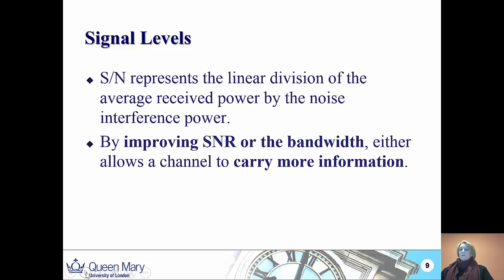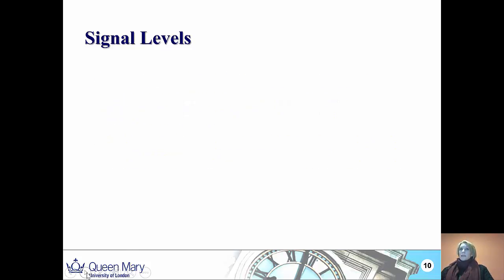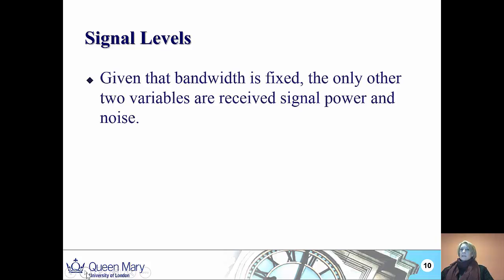So if we reduce the amount of traffic that's lost through noise, a high signal to noise ratio, or we allow the channel to carry more information through increasing the amount of bandwidth, then we can carry more information. But these are normally restricted.